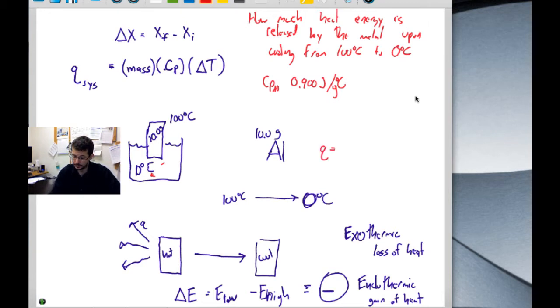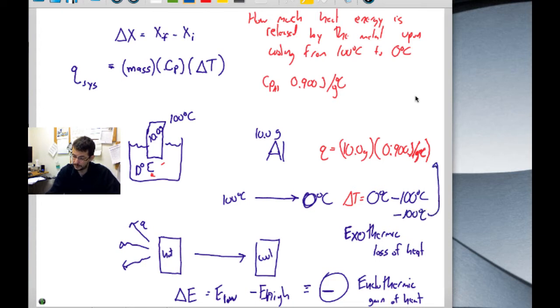Q will equal the mass, 10.0 grams, times the heat capacity, 0.900 joules per gram degree centigrade, times the temperature change. In this case, delta T would equal final temperature of 0 degrees centigrade minus the initial temperature of 100 degrees centigrade to give us a delta T of negative 100 degrees.